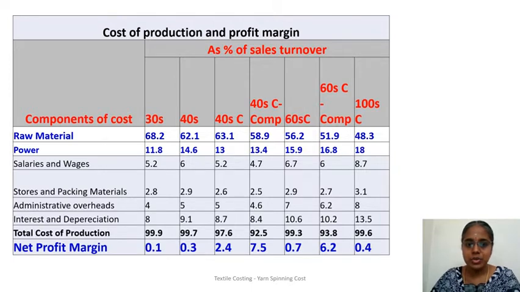You can see that in a spinning mill, the net profit margin is low compared to the other textile industries. The profit is due to the volume, and the per unit contribution is slightly lower compared to the other textile industries in the total supply chain.